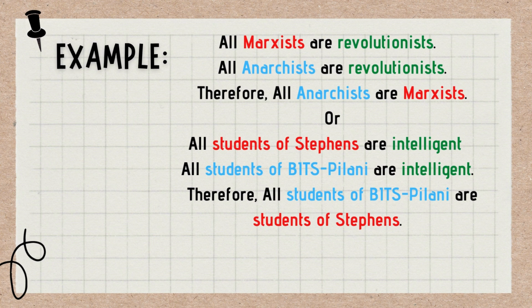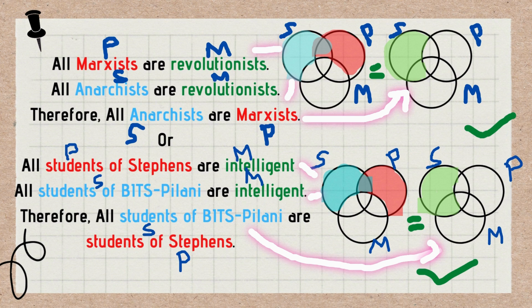So you can practice the Venn diagrams which we saw in the previous session by making Venn diagrams for each of these examples. I have done it for these two examples. Even though these two examples are not valid syllogisms, the Venn diagram can show them as valid.